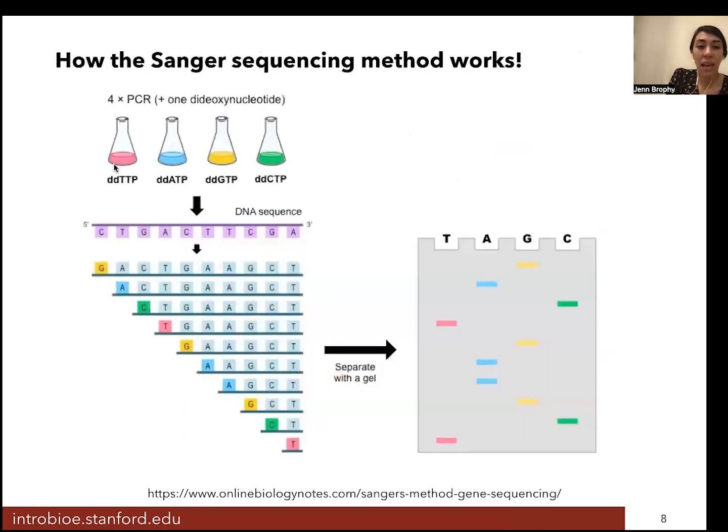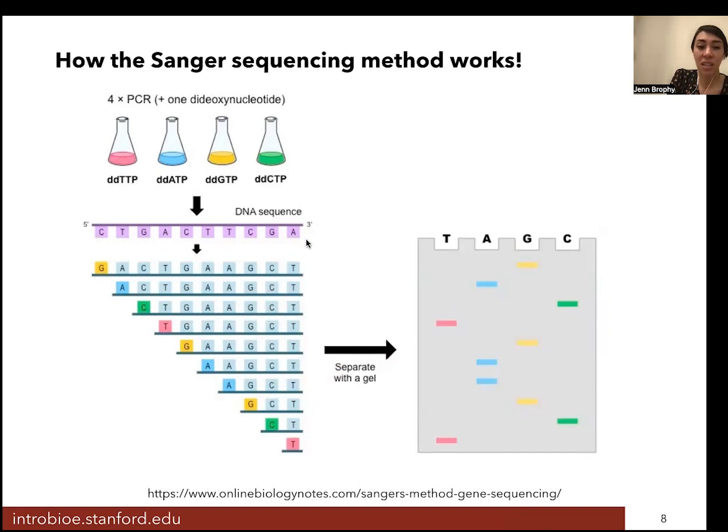Well, if you make a mixture of 4 different solutions and you try to run PCR, polymerase chain reaction, you try to synthesize the opposite strand of a DNA piece that you want to sequence, and you have a mixture of dideoxynucleotides and regular nucleotides in each reaction condition, then you'll get DNA synthesis that stops at different points.